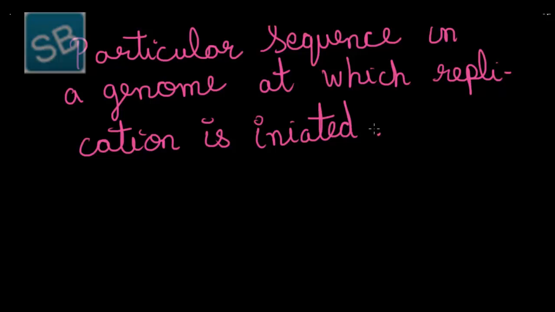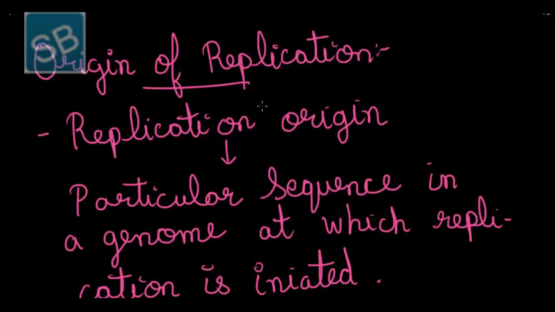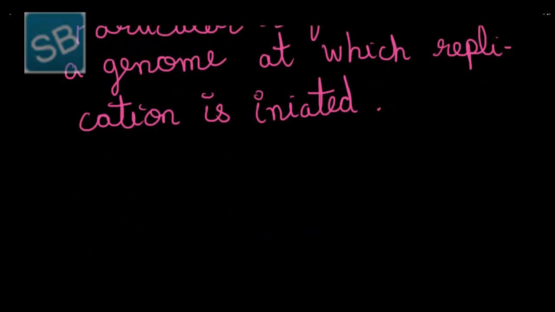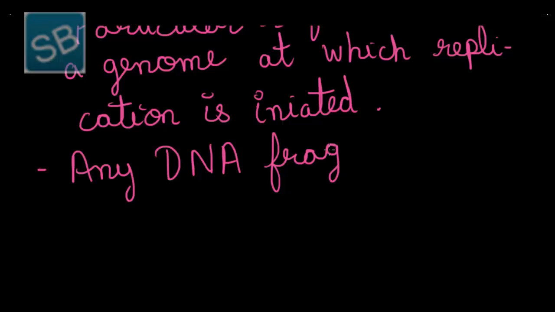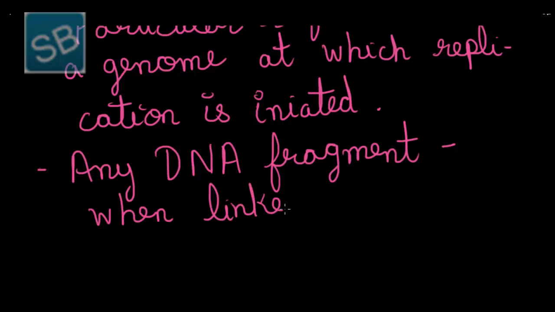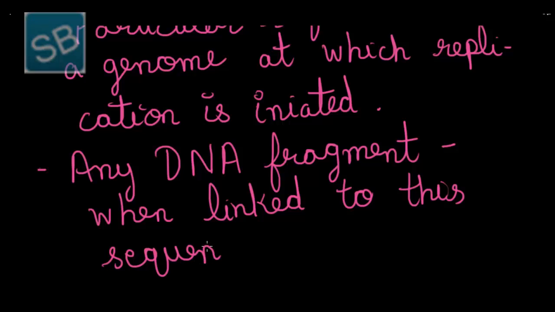The initiation of DNA replication within this recombination process takes place only through the origin of replication sequence. Therefore, any fragment of DNA which, when linked to this sequence, can be made to replicate within the host cell.